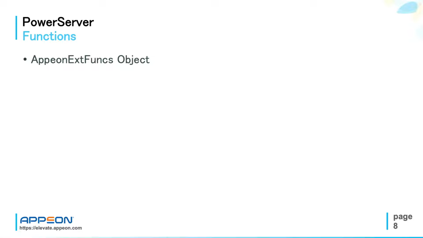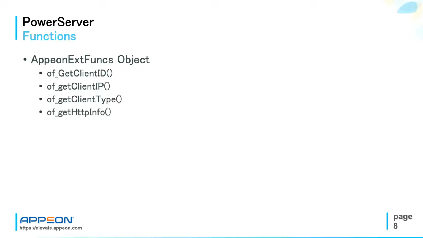It's an NVO which comes with a number of methods like of_getClientID that will give you a unique client identifier either for web sessions and for native mobile apps. of_getClientIP, very useful because it returns the IP address of the web and mobile client. getClientType, which tells you whether you are running the code in a regular desktop application, in web, or in mobile. getHTTPinfo, which can give you information like the URL that the client is actually calling. getOSType, the operating system of the client.